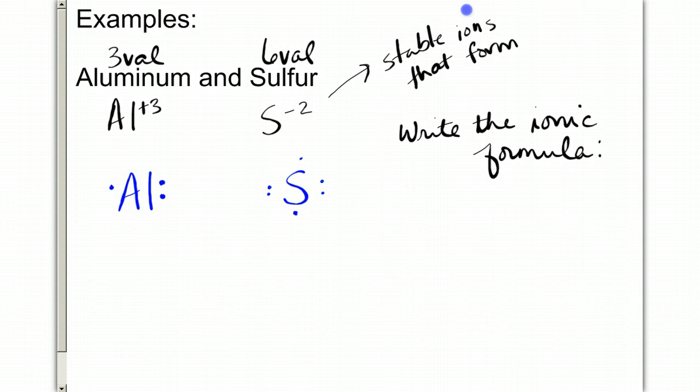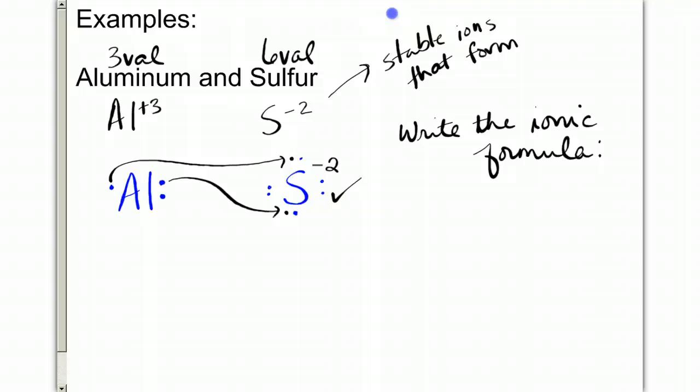If we analyze the transferring of our electrons, aluminum is going to transfer this electron here, and now this sulfur has a charge of -2 and an octet. But aluminum still has 1 more electron to give away, so it's going to give it away to another sulfur, which has 6 valence.